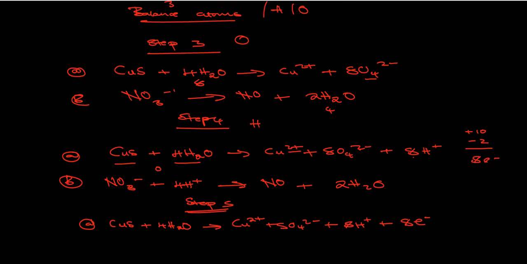From doing this, you can say that these 8 electrons and the 8 hydrogen ions will cancel out because electrons are negative. So it will cancel with this positive 8, and this negative 2 and positive 2 will cancel. This part will become uncharged, just like this part, the way it is in a neutral reaction. So we balance this kind of a reaction.